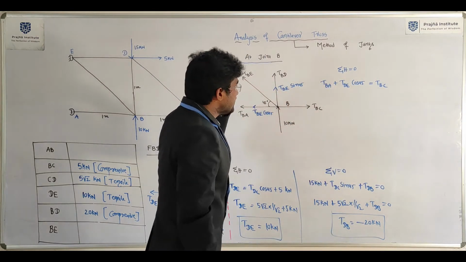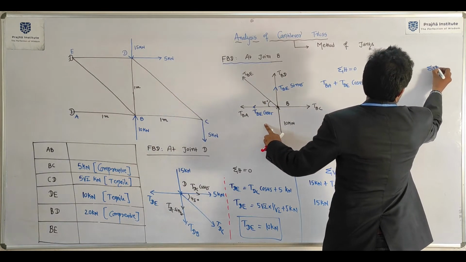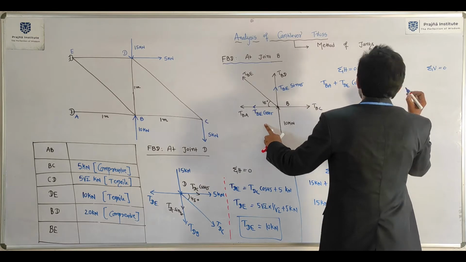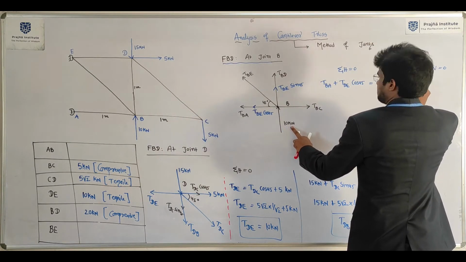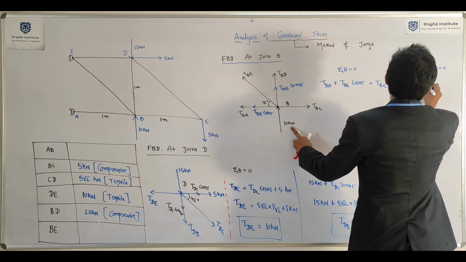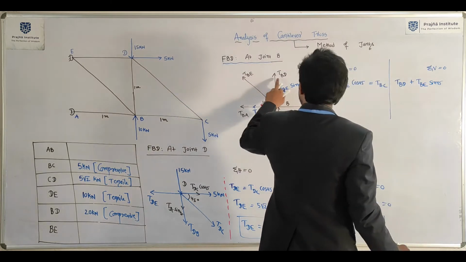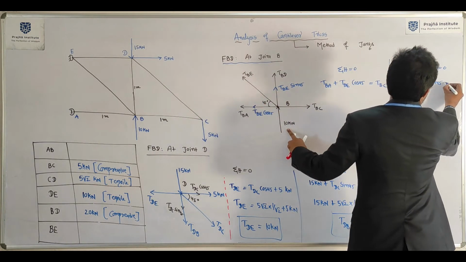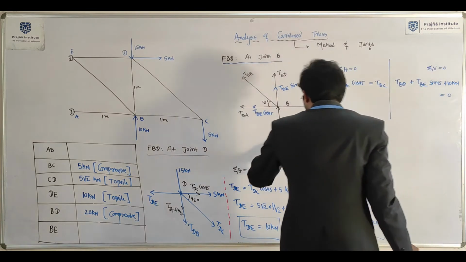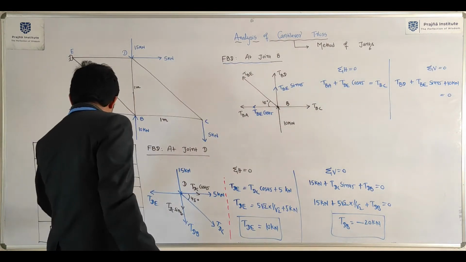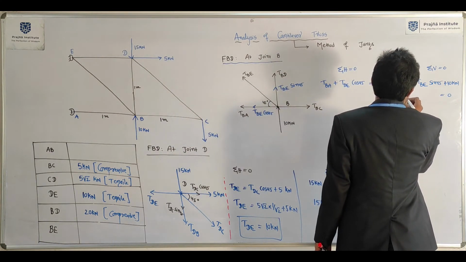Now both are unknowns. Okay, so just apply sigma V equals to 0. Here TBD plus TBE sin 45 plus 10 kilonewton equals to 0. What is the force in the member BD? Minus 20. It is minus 20 kilonewton.